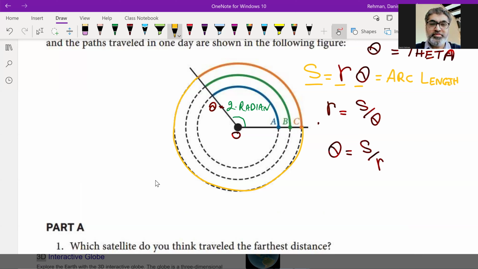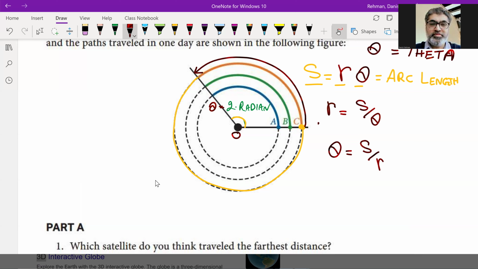So with this rotation of 2 radians, how will I find out the fraction that satellite C traveled from this point up till this point? Let's say the complete orbit is 2 pi r.